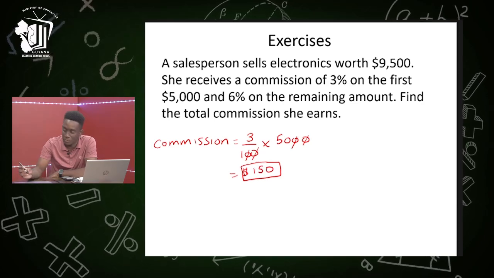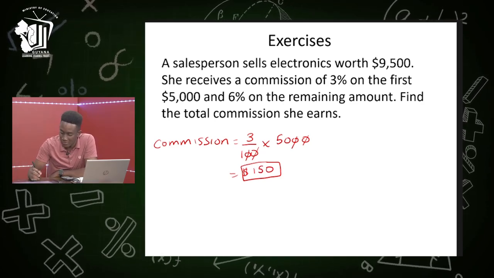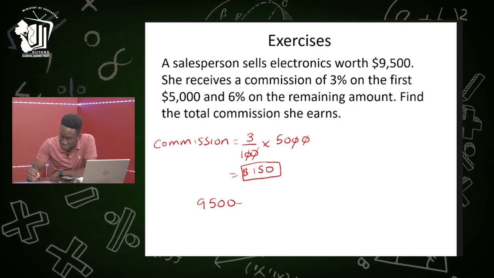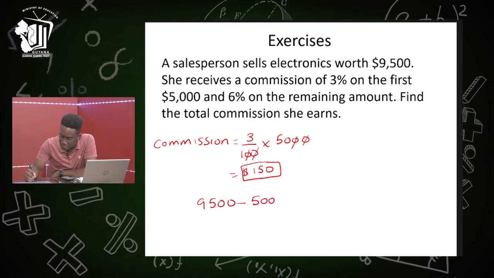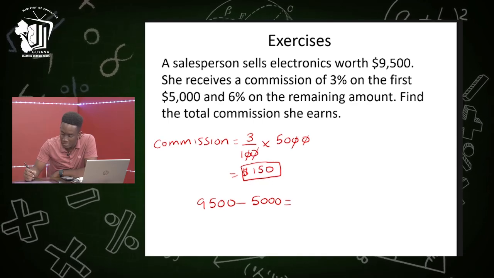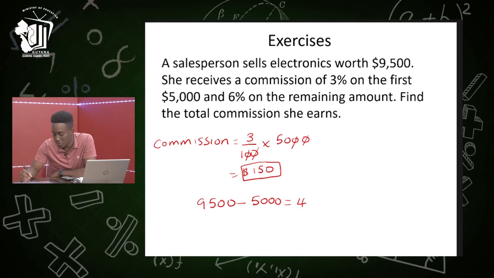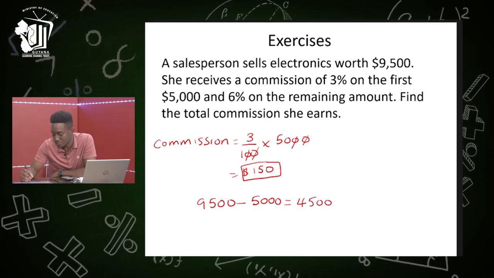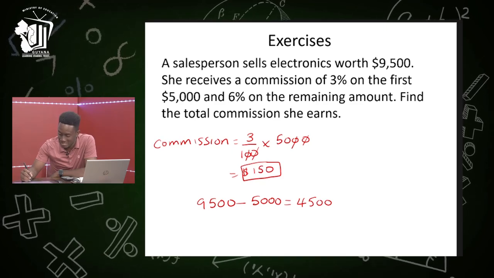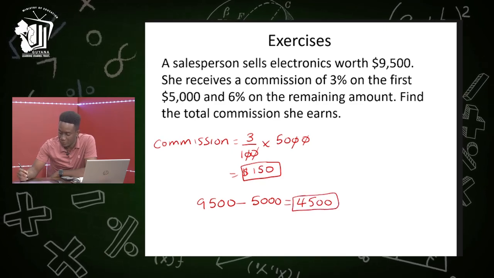So the second set of commission now would be, we have 9,500 and we subtract 5,000 from it. We're left with 4,500. So now we find the 6% on 4,500.